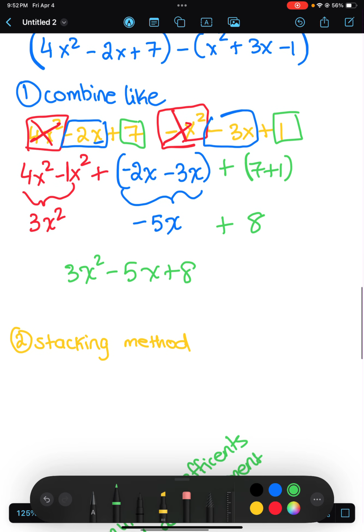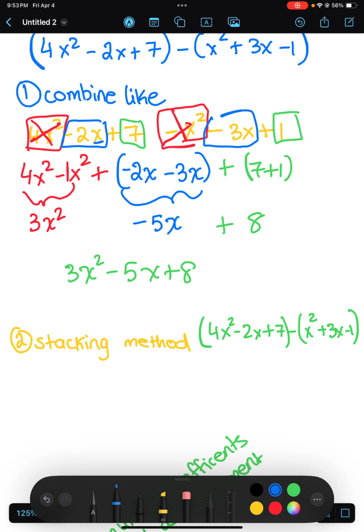The other method you could have done this, I'm just going to rewrite the question here. Is you could have changed this into an addition question.